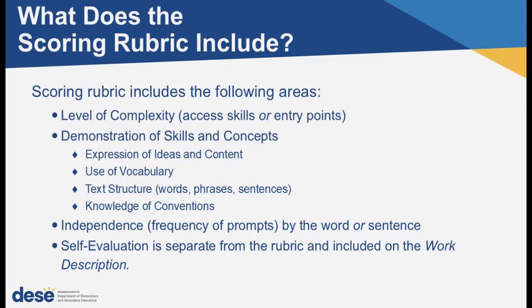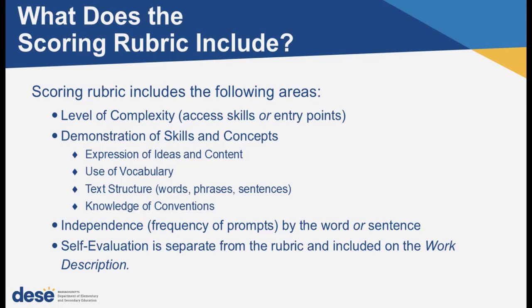These 4 areas are what we're going to really focus on, and you're going to look at that criteria in each of those areas. So we have expressions of ideas and content, knowledge of conventions, text structure, and use of vocabulary. The independence can be by the word or the sentence.